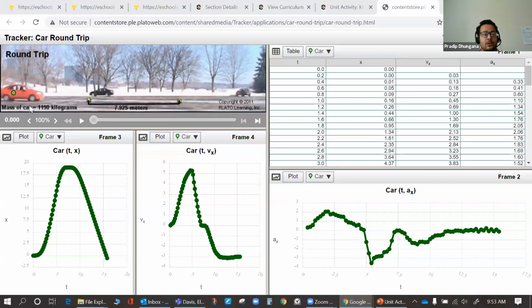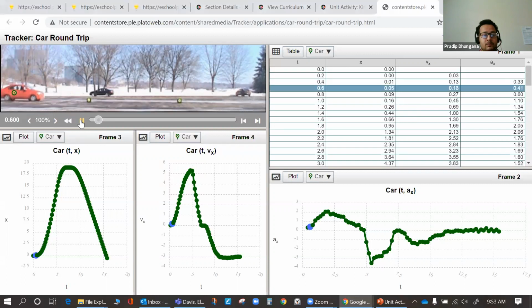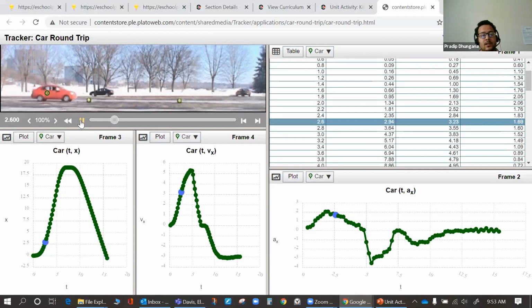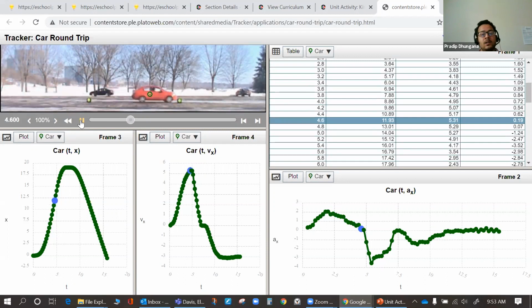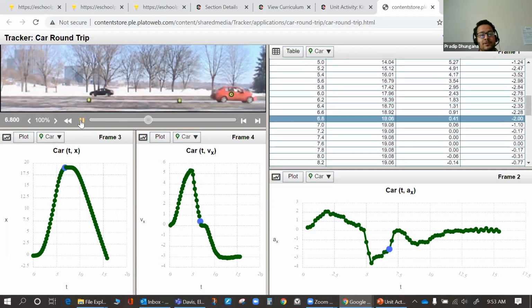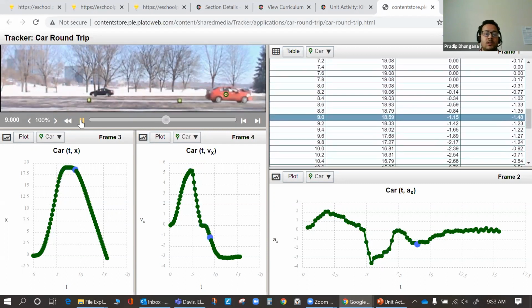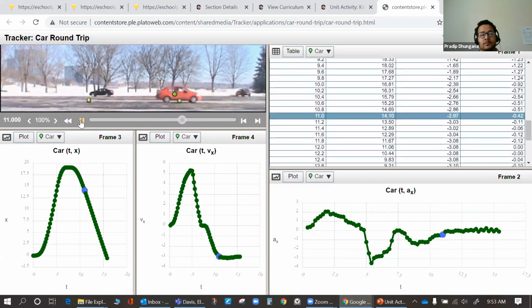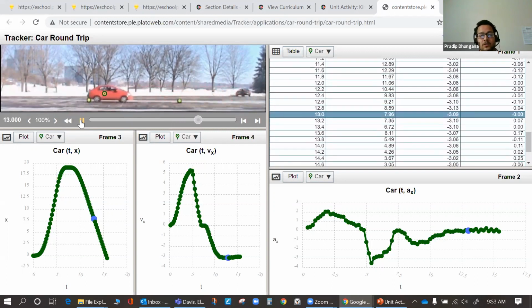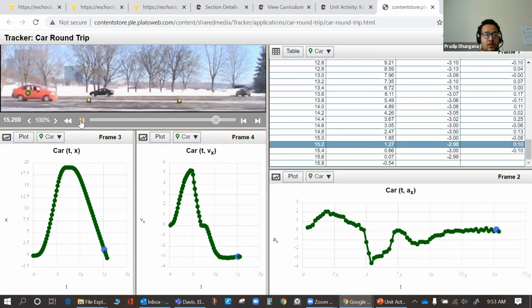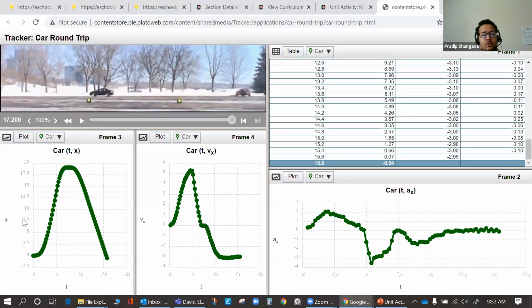Let's start with that car round trip. When I click on that play button, I can see that the car moves forward and then it stops, and then it again reverses back and then stops. And for the entire period of time, you can see three different graphs here.